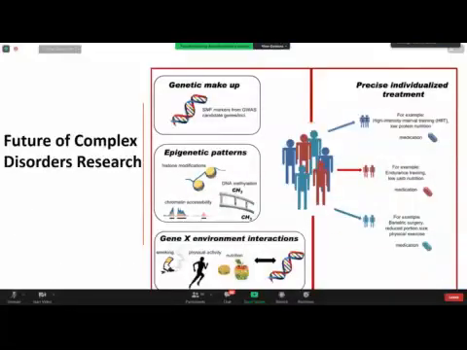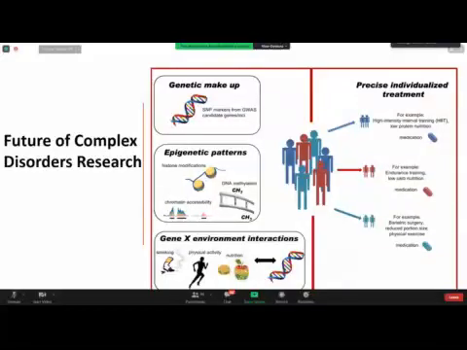Okay, so what is the future research for complex disorders, and what is the whole point of doing it? One is that we have to find the genetic makeup, like the SNP markers in genome-wide association studies. And then not only the genetic, but we also look at the epigenetic. For example, how our DNA is packed, histone modification, and chromatin accessibility, like which parts of the chromatin are accessible for the transcription factors, how they come and bind, and all these things.